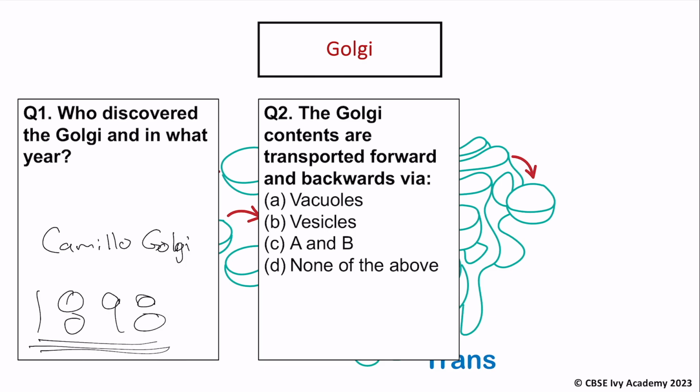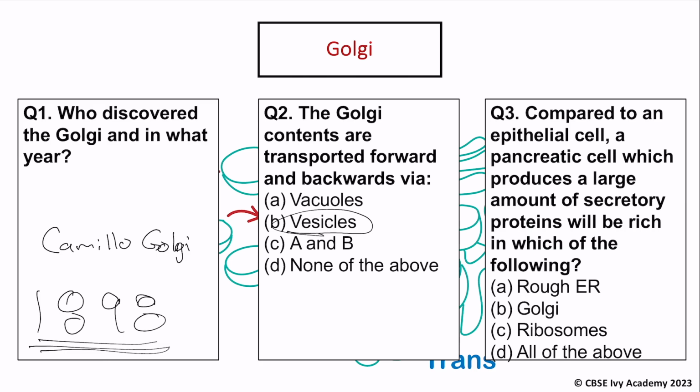The Golgi contents are transported forward and backward via what? Vacuoles, vesicles, both, or none of the above? The answer is vesicles. Compared to an epithelial cell, a pancreatic cell, which produces a large amount of secretory proteins, will be rich in which of the following? Rough ER, Golgi, ribosomes, or all of the above?